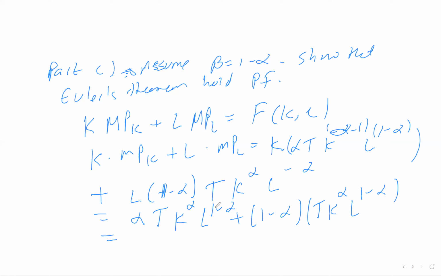Further simplifying, you can factor out T K to the alpha L to the 1 minus alpha, and then we have alpha plus 1 minus alpha. So this cancels, and that will be 1.